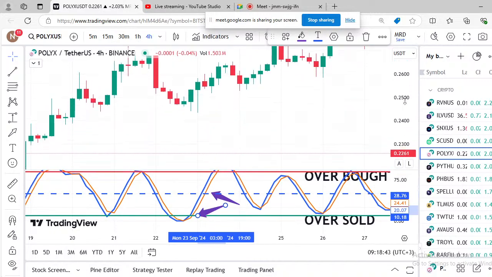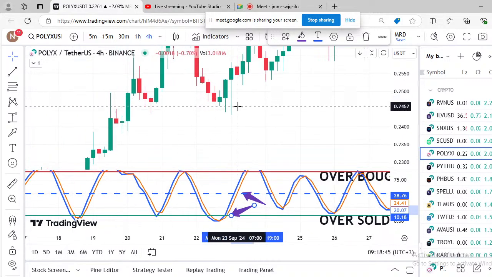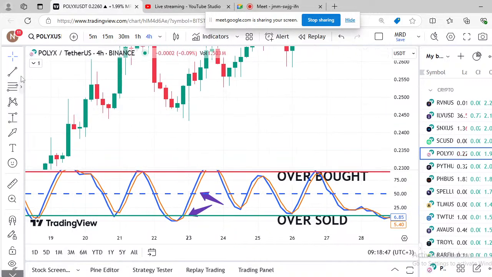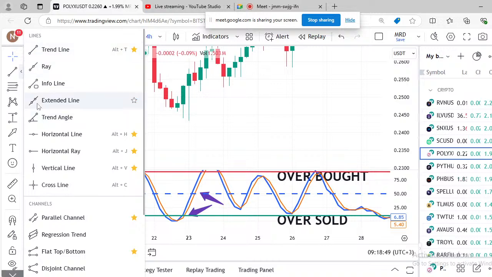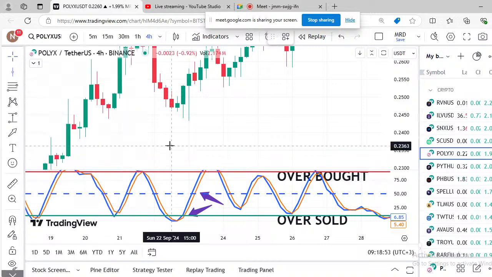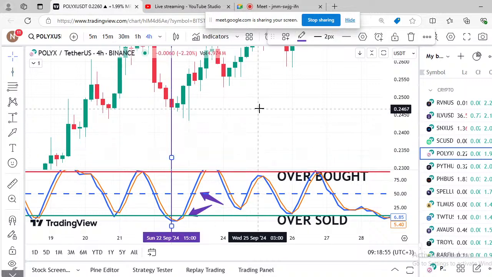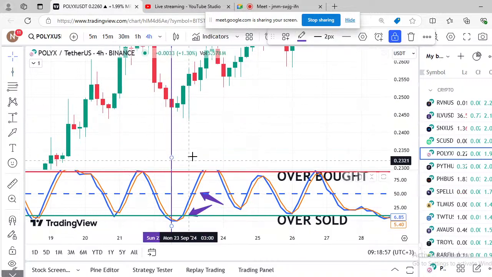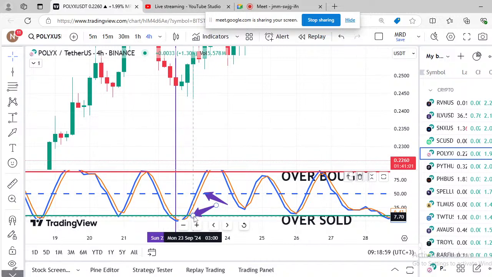So, for example, now, let me get the vertical line. So we draw a line like this. At that point, the market was down, like here. You can see the moving averages were below the 10 line.